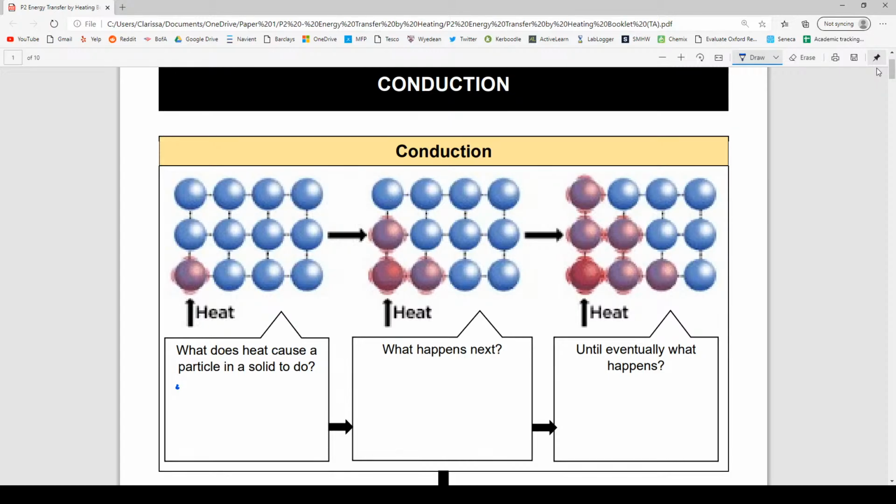So our topic that we're covering today is the P2 topic, which is basically energy transfers via heating. So you covered this a little bit at Key Stage 3. Most of you have probably forgotten a lot of it, but hopefully some of the words you remember hearing and have some sort of general idea in the back of your mind that you'll be able to bring out.